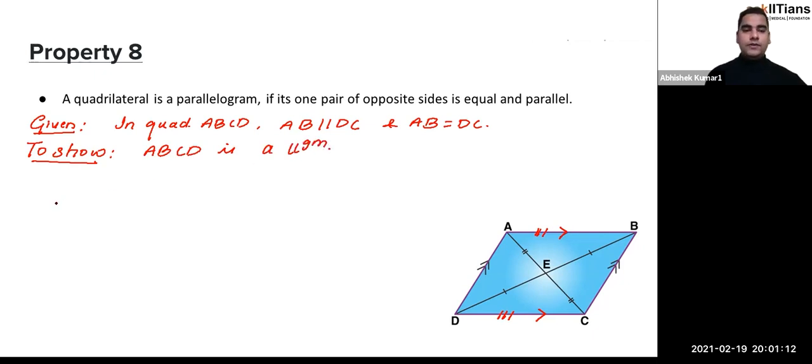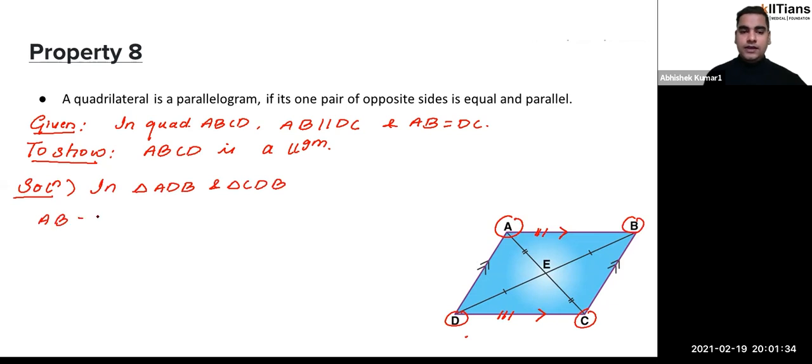So let's see how we can do it. We are going to consider two triangles: triangle ABD and triangle CDB. So in triangle ADB and triangle CDB, what do we have? We have AB is equal to DC. That is given to us.